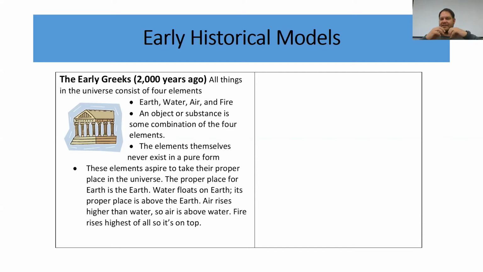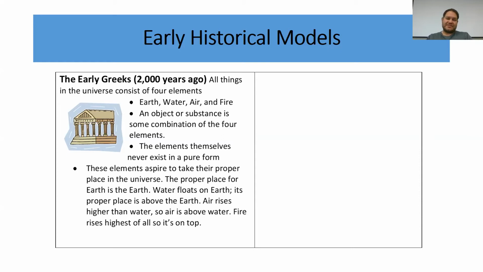So if you had earth and fire was inside of that earth, that fire would want to escape and rise on top of the earth. And so you would get changes of materials in that manner to separate them into their proper layers. But again, never found in pure form. They were always together in some way or another.